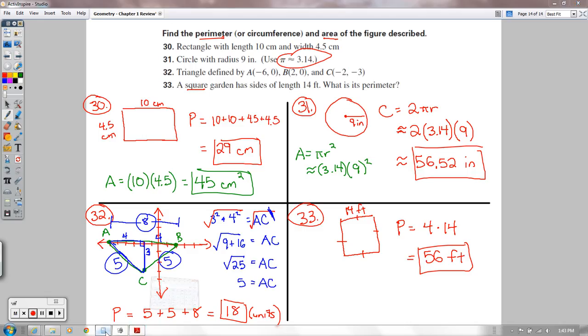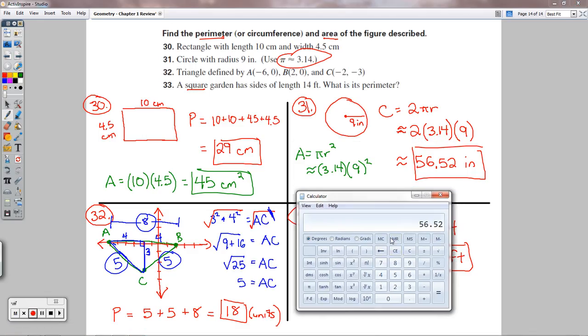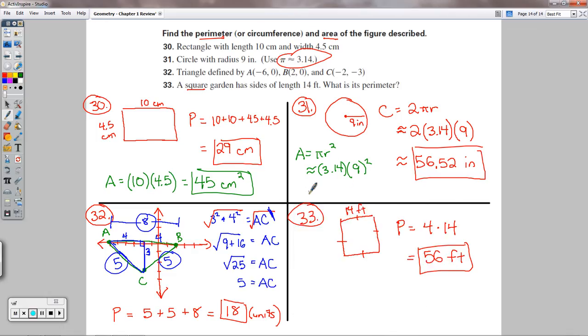Square that. Use a calculator to figure that out. I've got 3.14 times 9 squared is 81, so I'll just type it in like that. So it would be 254.34. And that would be inches squared.